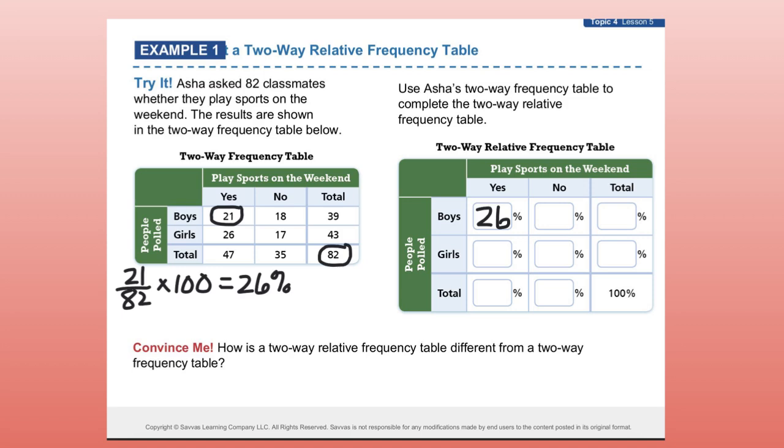Let's try another one before I let you go on your own. Let's talk about how many girls do not play sports on the weekend. That is 17 girls out of 82 people were asked. Times 100 will change me into a percent, and that's 21%. So 21% of the girls do not play sports on the weekend.